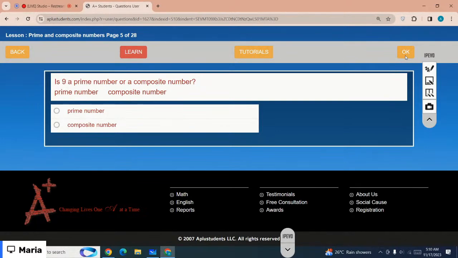So 9 is, yes, a composite number because 9 has other two factors. 3 times 3 makes 9. So 9 is a composite number. Very good.